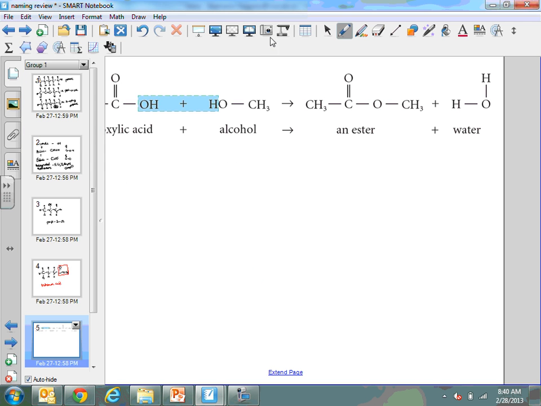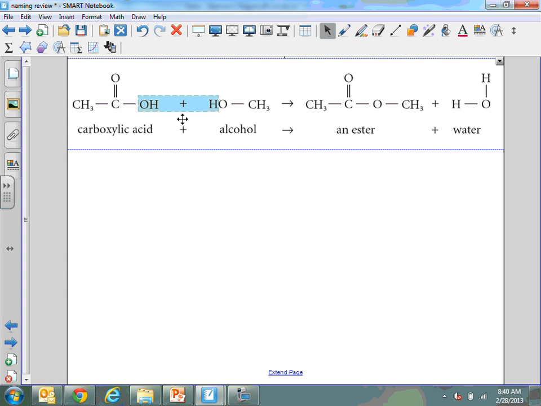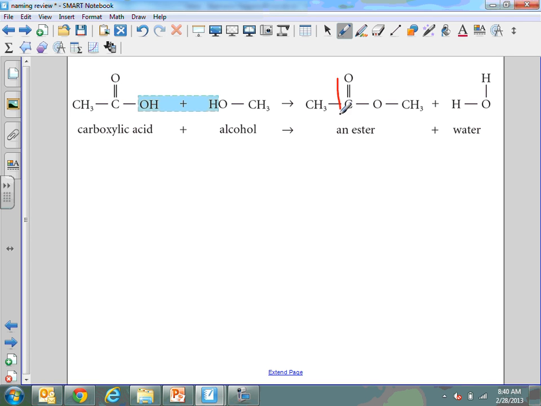For the esters, remember this is a combination of an acid plus an alcohol. We basically lose a water group from here, and we end up with a COO. So the acid is a COOH, this is just a COO. So this is how we know it's an ester. When we're naming esters, it's basically 2 parts.